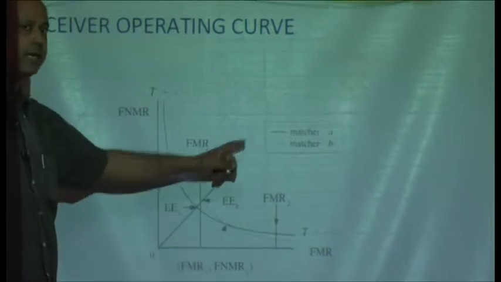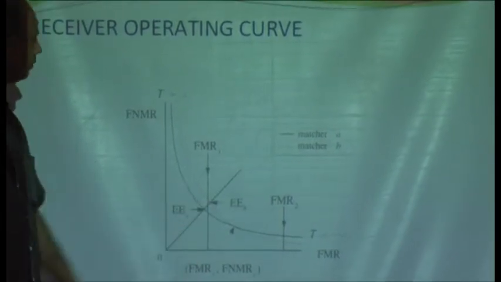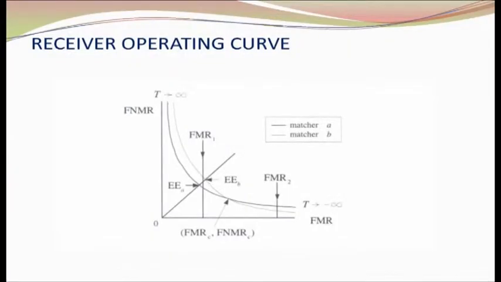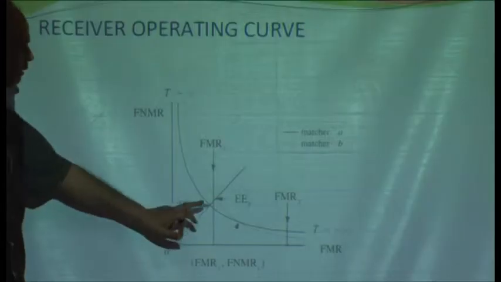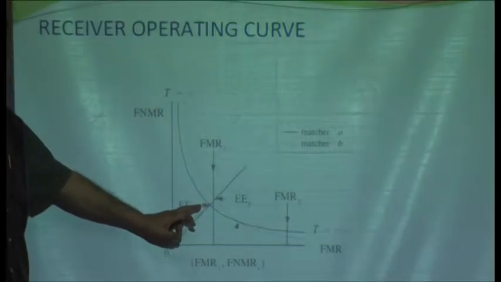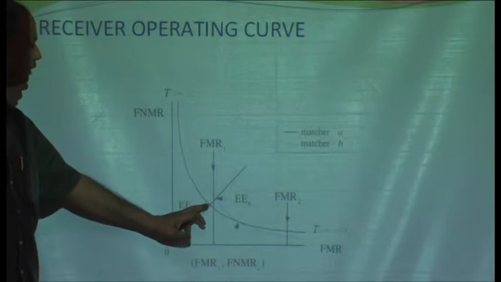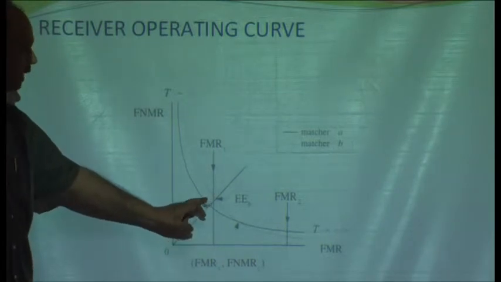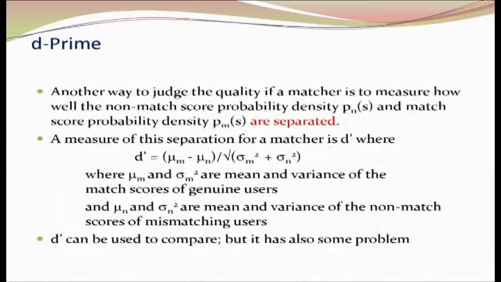So you draw a line here, and this is the equal error rate for this one too. And you will be telling that if you use the equal error rate for your algorithms, then matcher A is better than matcher B. Now again, if you see, a single parameter like FAR or EER is also not justifiable, right?